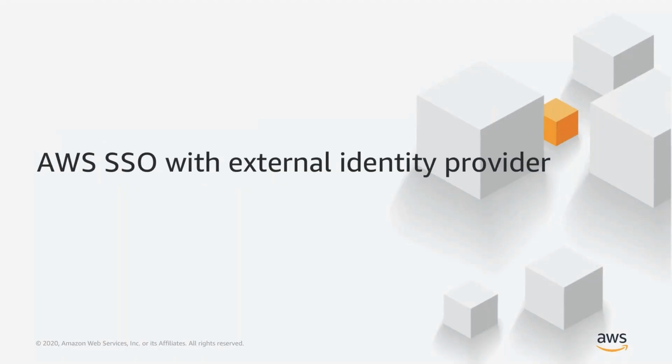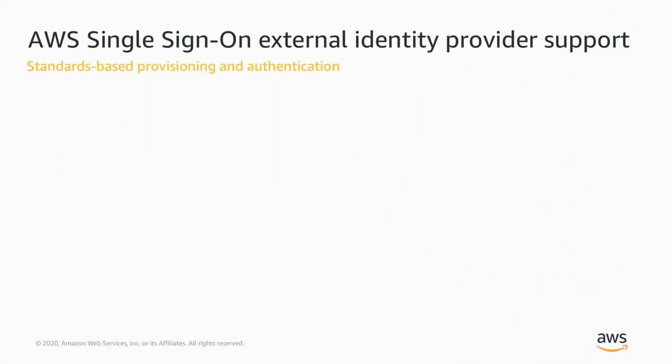Now that we have seen the basic setup, let's get to the final part of our talk today: integrating with an external identity provider. As you remember, in the very first demo, we showed how to integrate Azure AD with IAM and separately with each AWS account, which in a multi-account environment requires a lot of work, or to create your own automation.